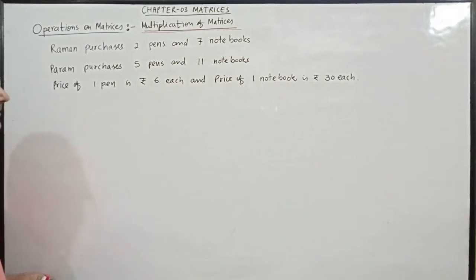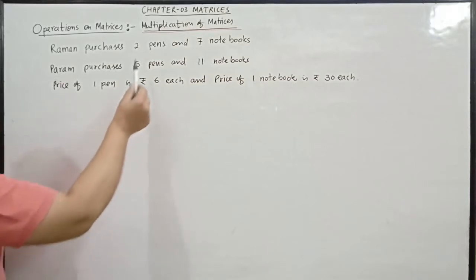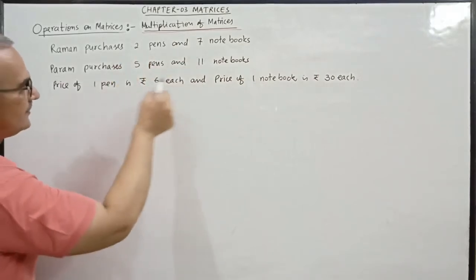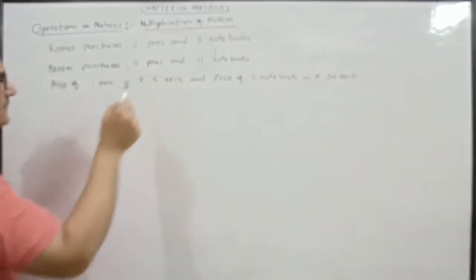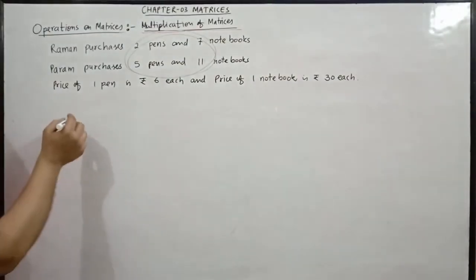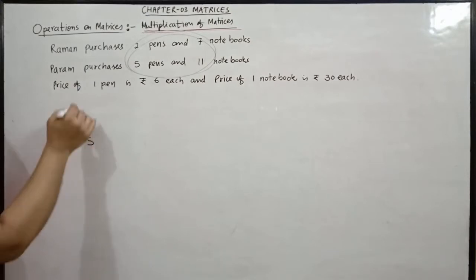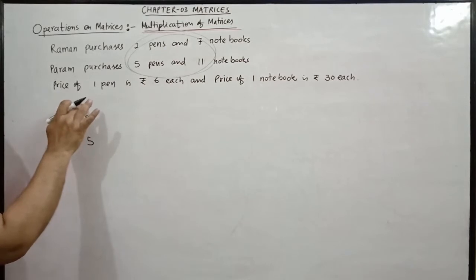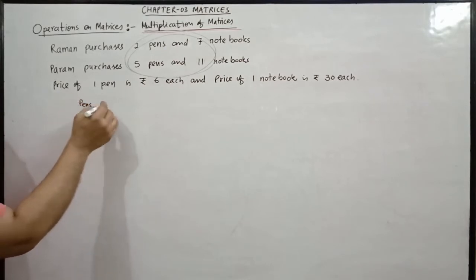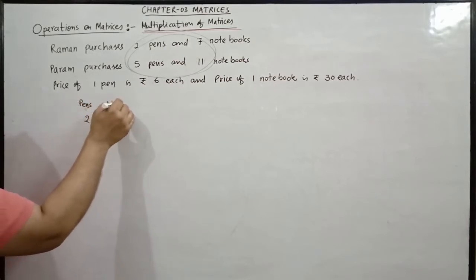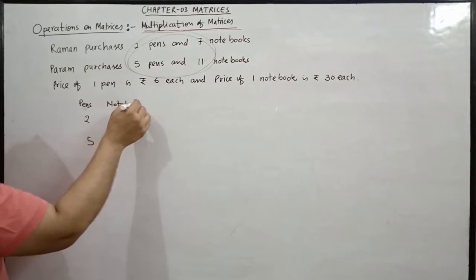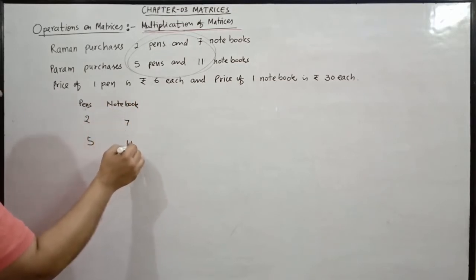on purchasing. Okay, so we have to make a matrix of the information we have here. Let's take 2 pens and here we have 5 pens, so here we are taking pens, and here I am taking notebooks, of both 7 and 11.